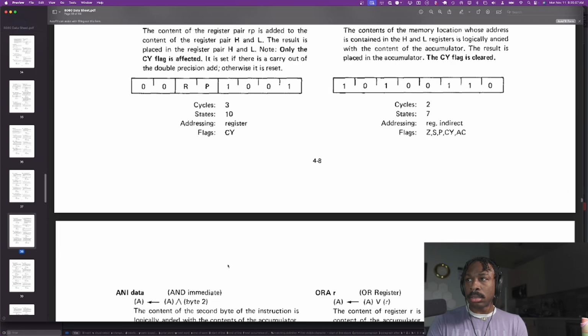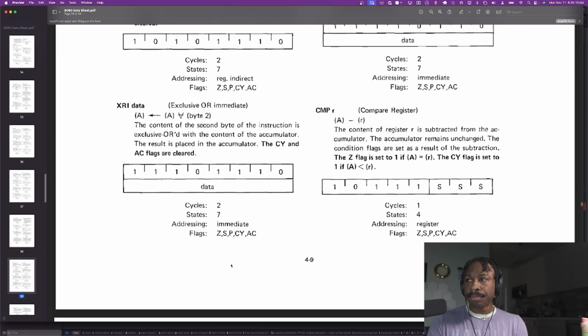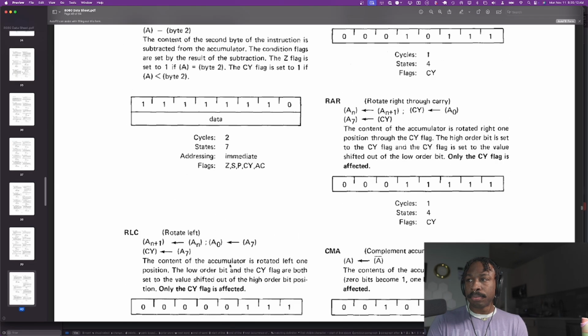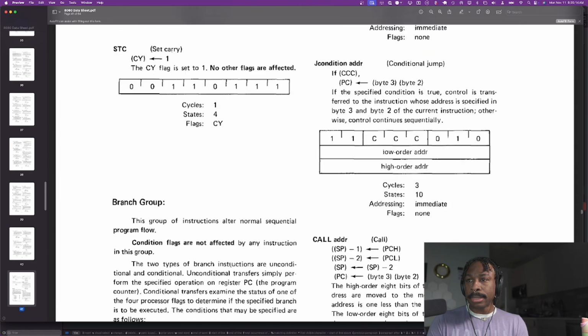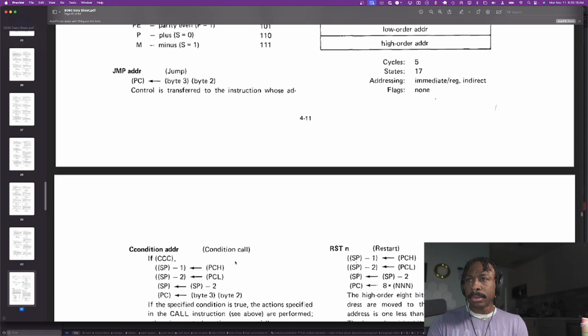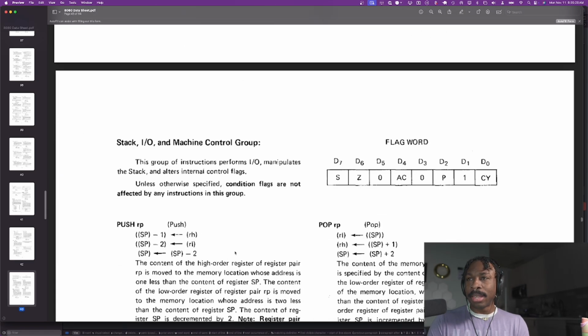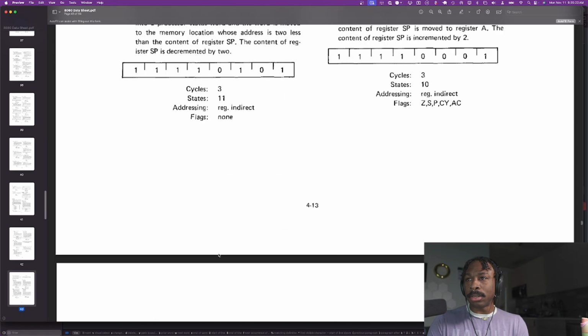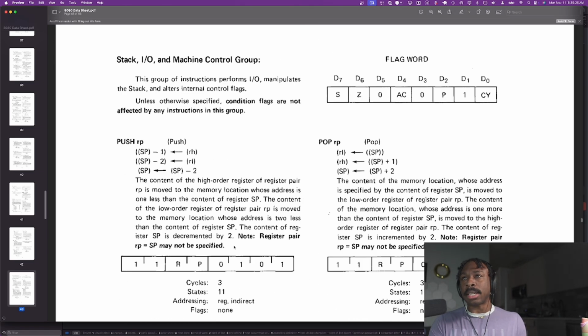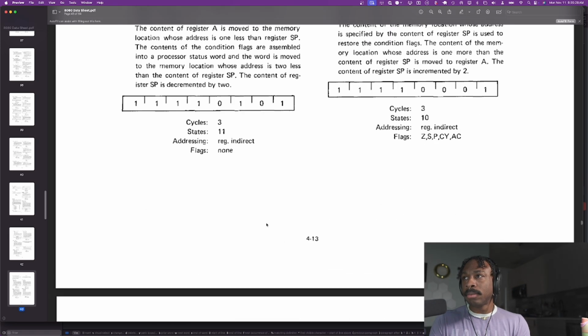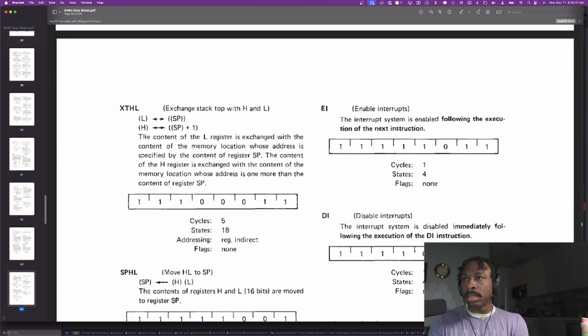Not the logical group. Not the branch group. Not the IO group. Wait, yes, stack. We did those. Here we go. Exchange top of the stack.